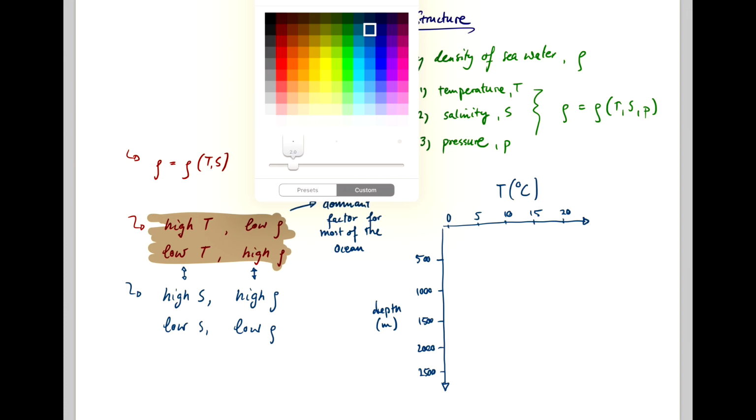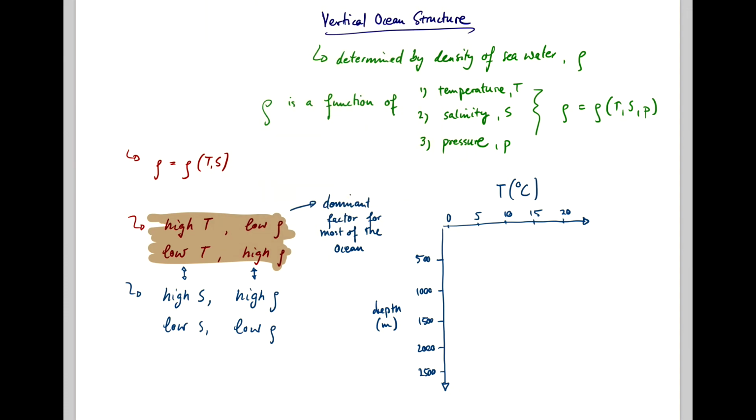So what does a typical profile look like? Well, that really depends where on the planet you are. So in the tropics, you have very warm temperatures near the surface all year round. So you will have a region near the surface of the water column that has temperatures above 20 degrees.